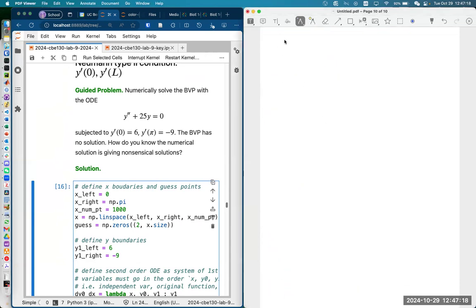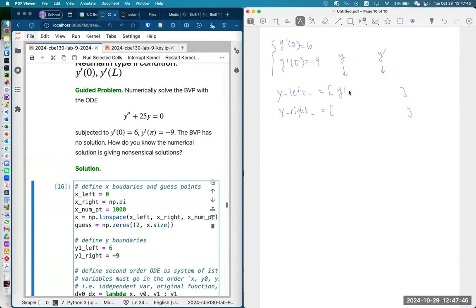So let's try writing that out. So we have boundary condition y prime of 0 is 6, and y prime of pi is equal to minus 9. The convention is that y left is a list and y right is a list. The first element is the original function y, and the second element is the first derivative y prime.